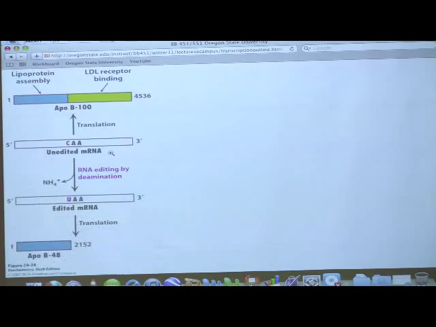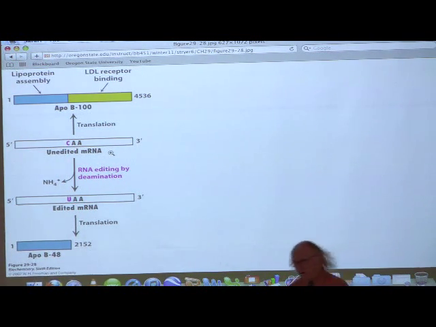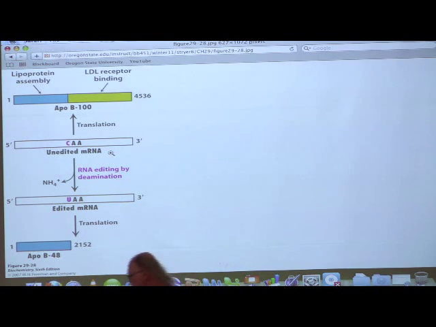I want to talk about a couple of specific things, including a process called RNA editing. RNA editing is primarily something that we see in eukaryotic cells. I don't know of editing mechanisms in prokaryotes, but there may be some. But editing is a much more common phenomenon in eukaryotes at a minimum.